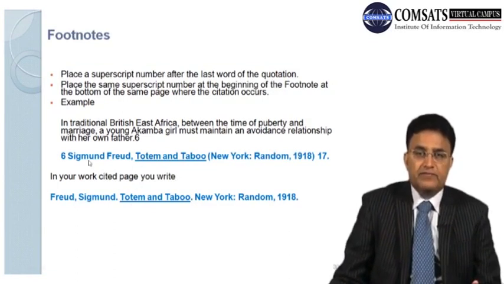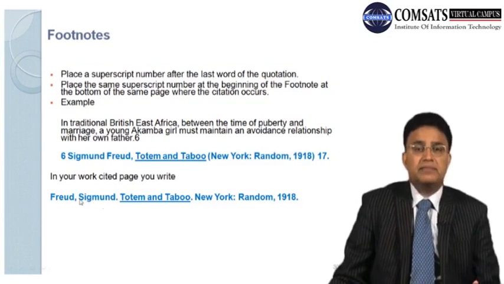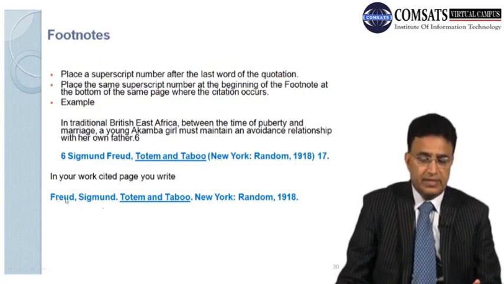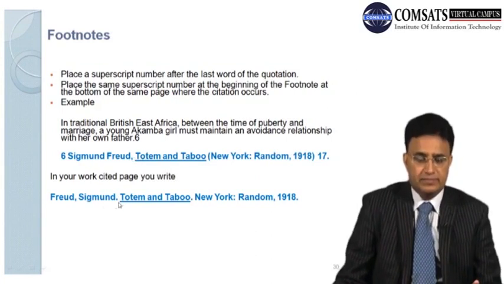How would it be different from a footnote? You compare this one with this one. The first difference is that it is in reverse order. Name is in reverse order, meaning the first is the surname and then the initial of the first name. Then after that, here was a comma, here you have a full stop after the name. It is followed by the title of the book.